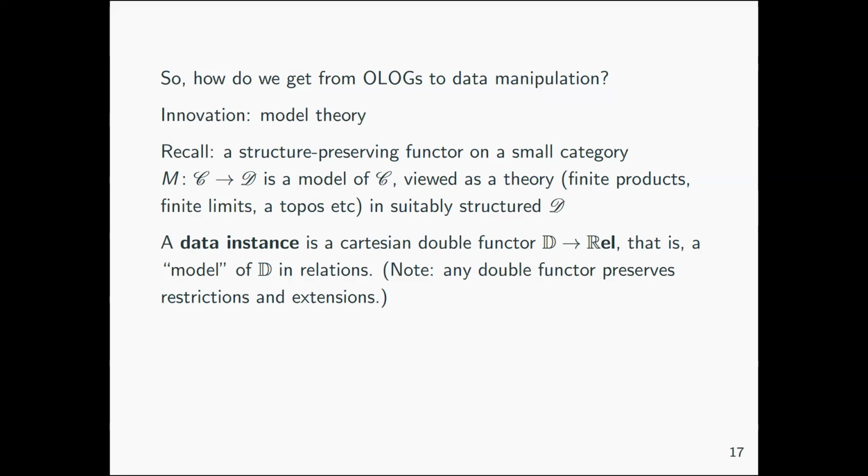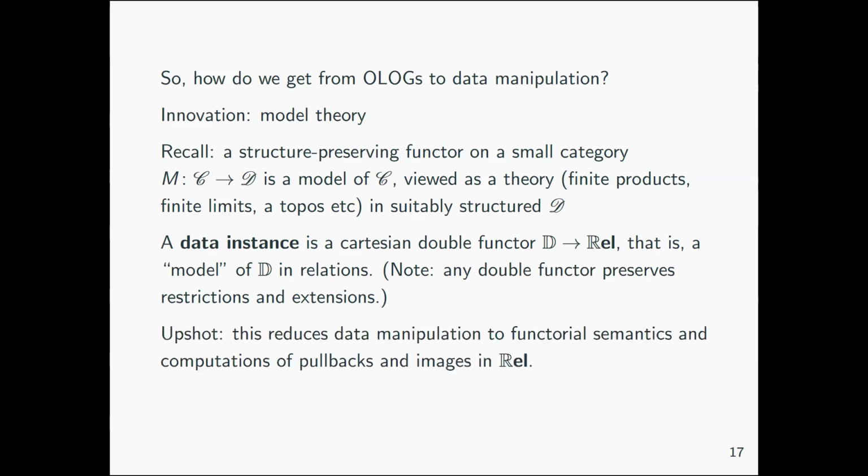In implementation, everything usually is. We don't need to ask that the equipment structure is preserved because double functors automatically do that. And the second point that I want to make is that data manipulation, in particular querying in relational databases, comes down to functorial semantics.